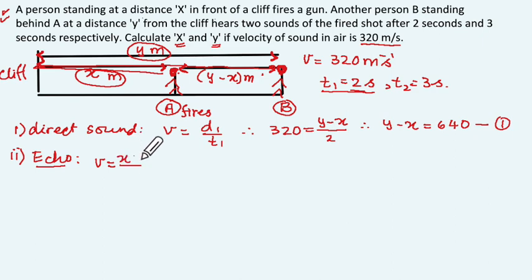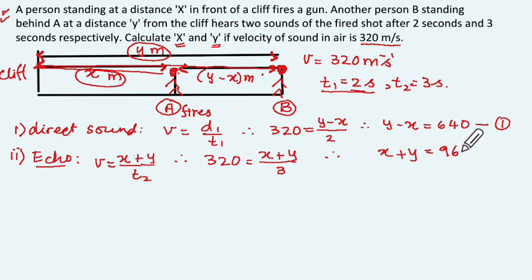So it will be x plus y upon t2. That will give us 320 is equal to x plus y upon 3 seconds. Cross multiply and you will get x plus y equal to 960.